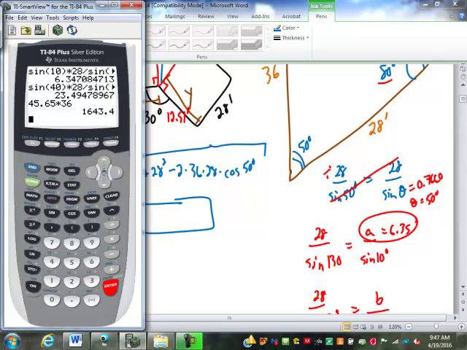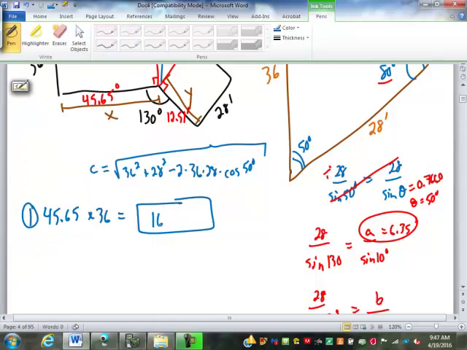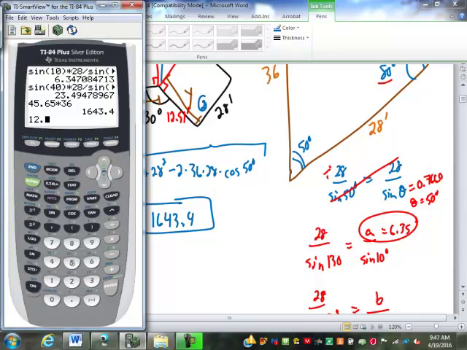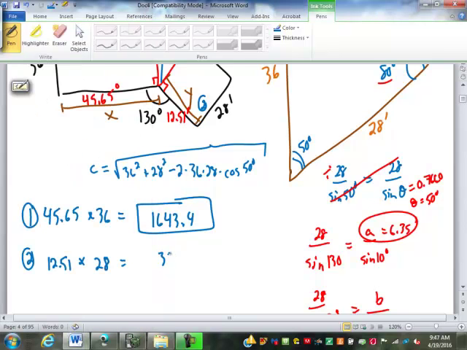is 1643.4. Area 2 over here, which is 12.51 times 28, is 350.28.